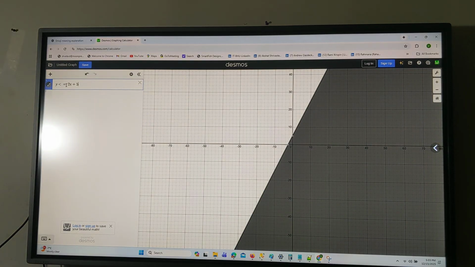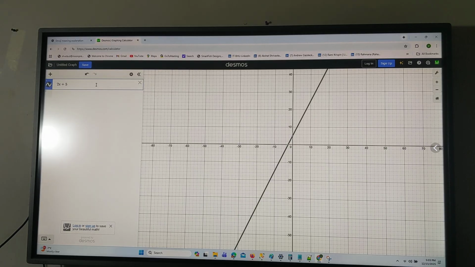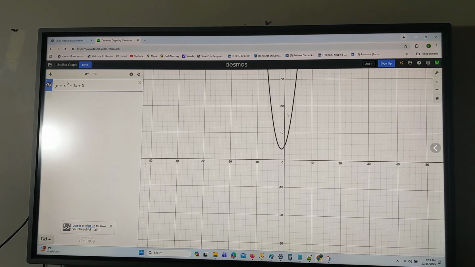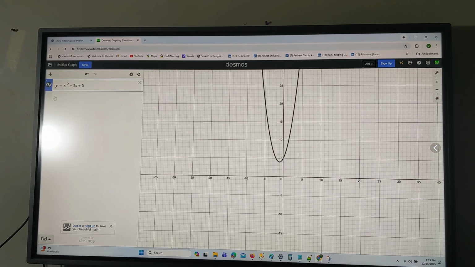Let's move on to equations represented by a parabola, for example y = x^2 + 2x + 3. Remember, you need to type the exponent using the caret symbol above the number 6 on your keyboard. This is how the parabola looks, and you can plot it.